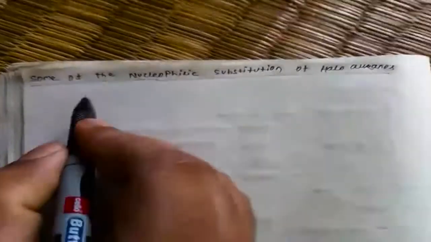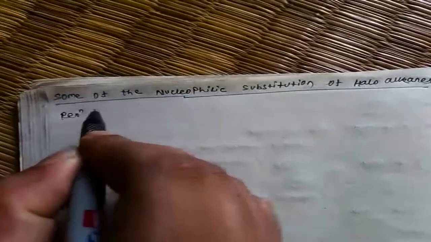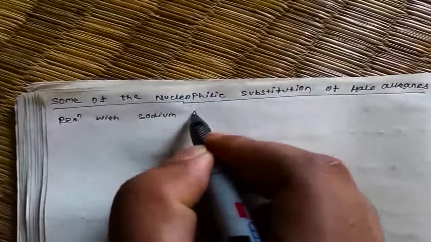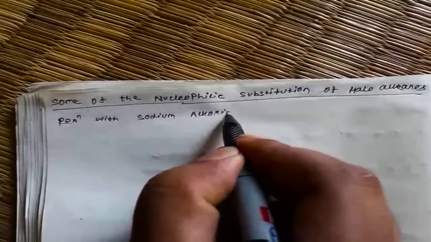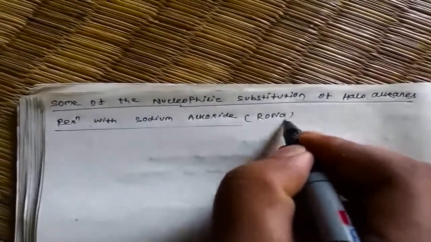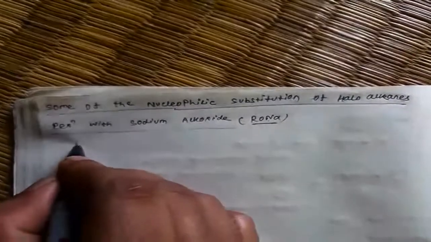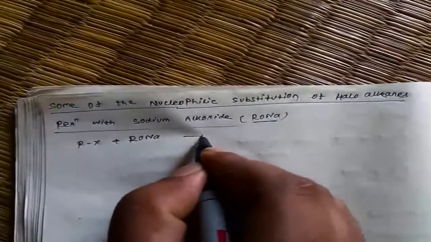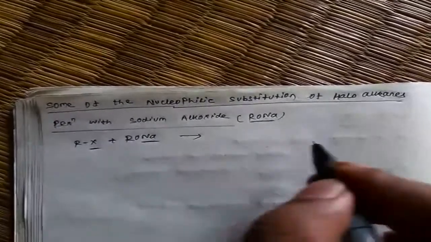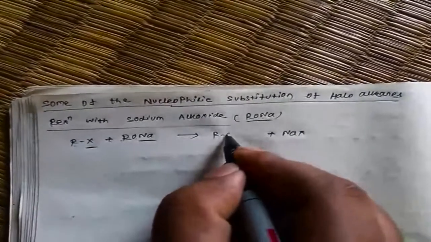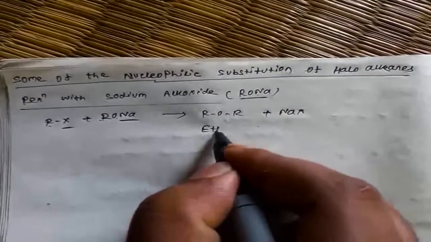Some of the nucleophilic substitution reactions of haloalkane. First, reaction with sodium alkoxide. Sodium alkoxide formula is RONa. Alkyl halide reacts with sodium alkoxide. Here Na positive, X negative, that is NaX, and ROR, this is ether.